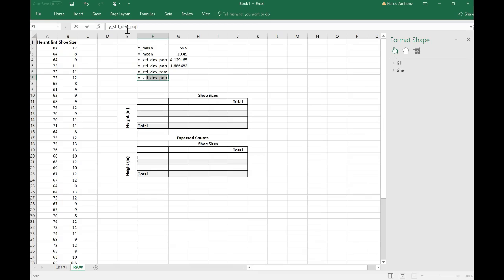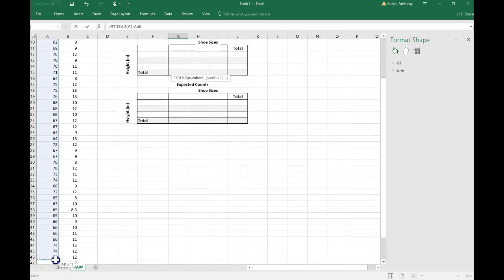And the reason I need this is because I'm going to need that value to calculate my R. So the standard dev S is the sample. And that's just this whole column.